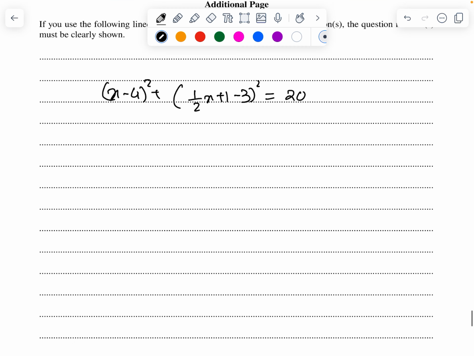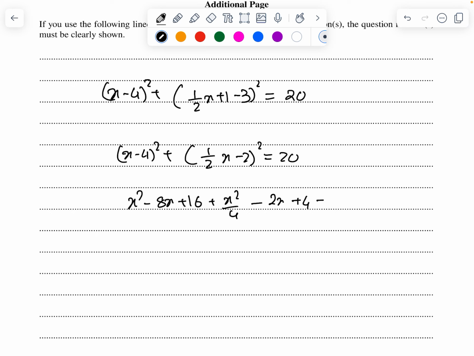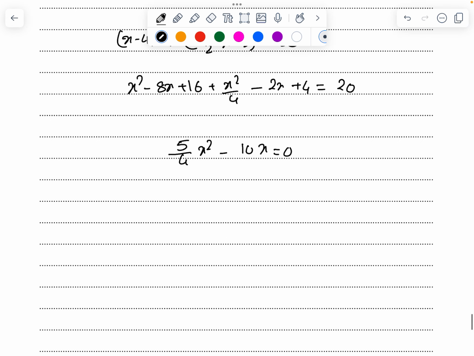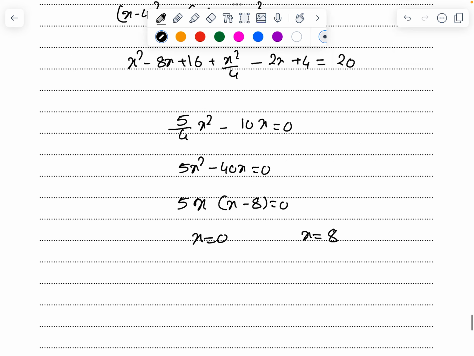Then I expand it out: (x minus 4) whole square plus (half x minus 2) whole square equals 20. x square minus 8x plus 16 plus x square by 4 minus 2x plus 4 equals 20. Simplifying, you will get 5 upon 4 x square minus 10x equals 0. So 5x square minus 40x equals 0, 5x common, x minus 8 equals 0. So x equals 0 or x equals 8.